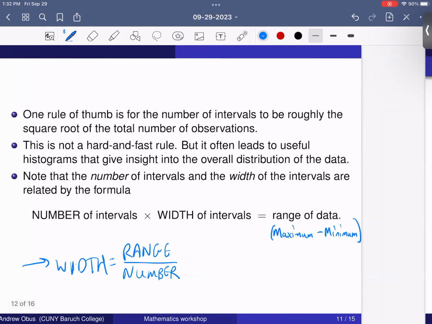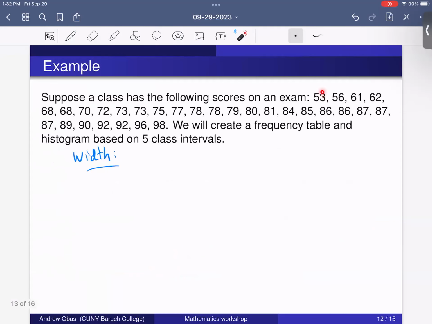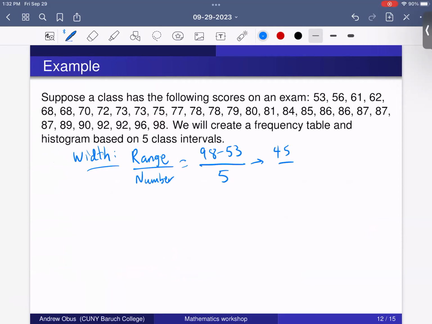In this case, our range is from 53 to 98, so the range is 98 minus 53, and our number of intervals is 5. That gives us 45 over 5, which is equal to 9. So the width of our intervals is going to be 9.